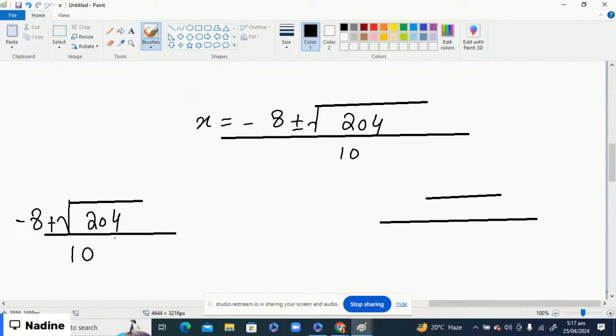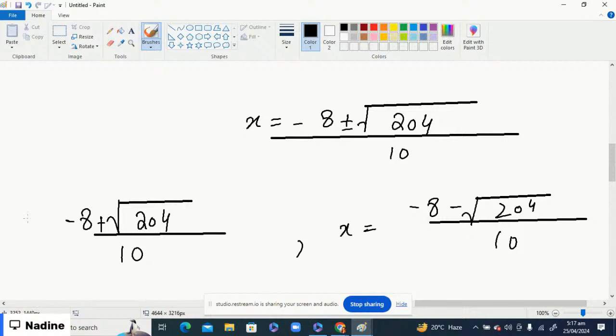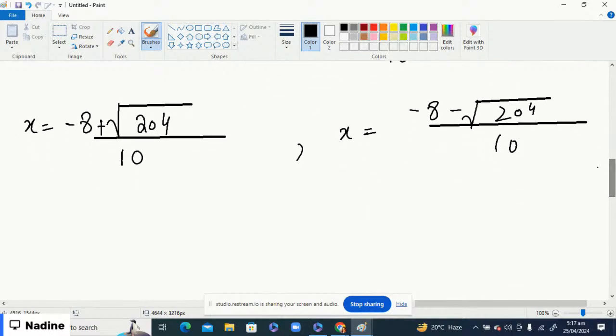Minus 8 plus square root of 204 over 10, minus 8 minus square root of 204 over 10. So just using your calculator and then finding out the answers. In this way we can find the answer in the form of decimal points. Okay, these kinds of questions are related to that one.